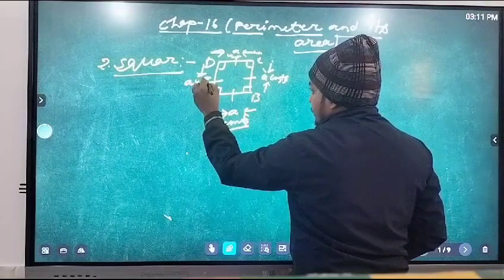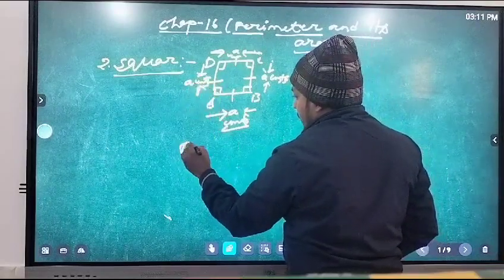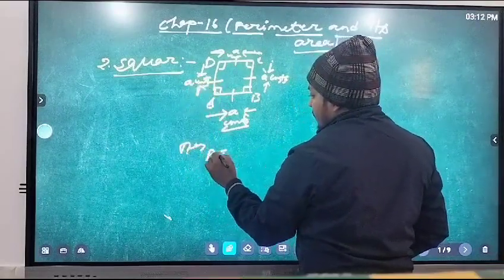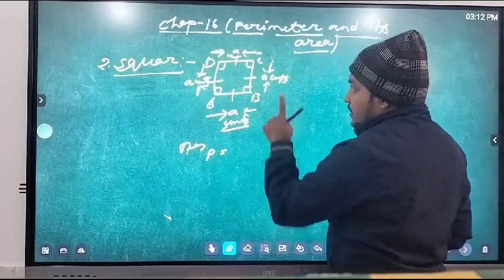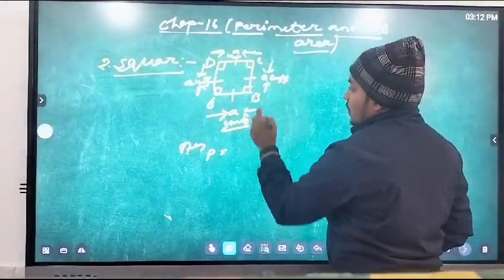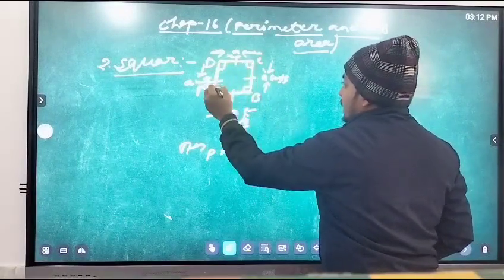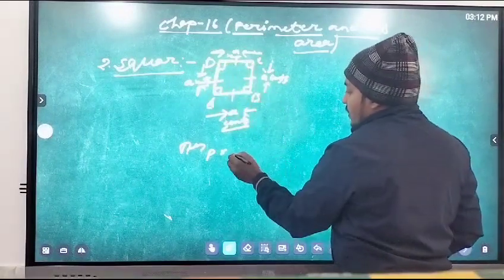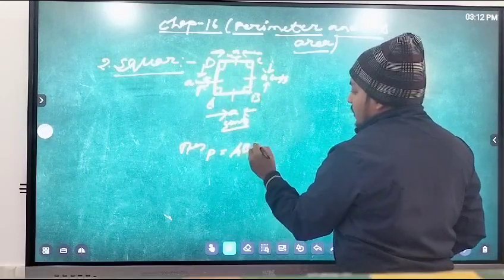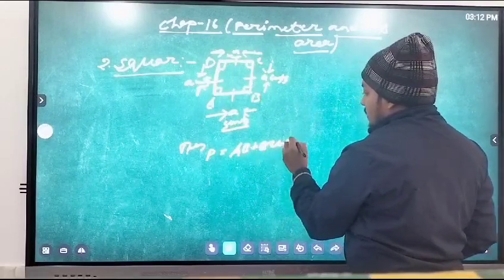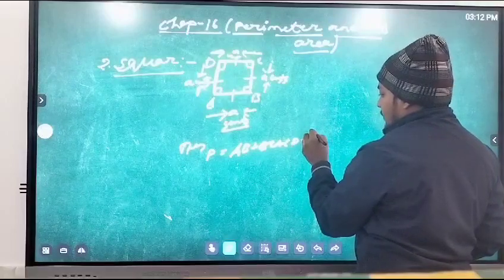Then the perimeter of a square is equal to the sum of all its boundary. AB, BC, CD and DA are the boundary of the square. Then their sum is AB plus BC plus CD plus DA.